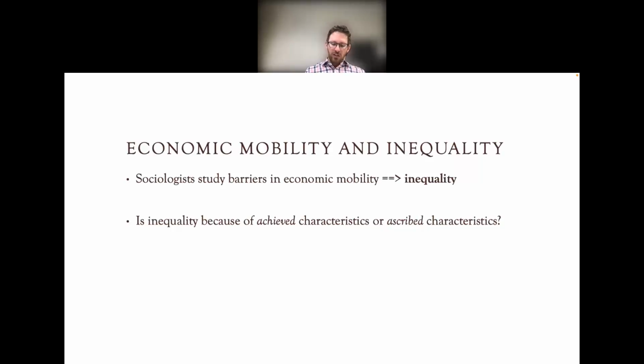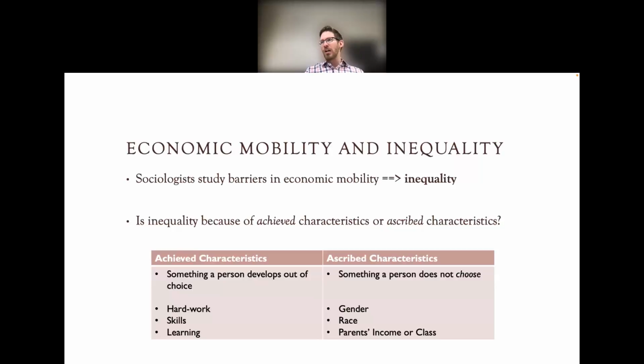What we want to look at as sociologists is whether this inequality, or the barriers to economic mobility, are because of achieved or ascribed characteristics. Ascribed characteristics are things you cannot choose, that you are born with, whether this is your gender, your race, your parents' income or class, your nationality, your geography of where you were born, your neighborhood.